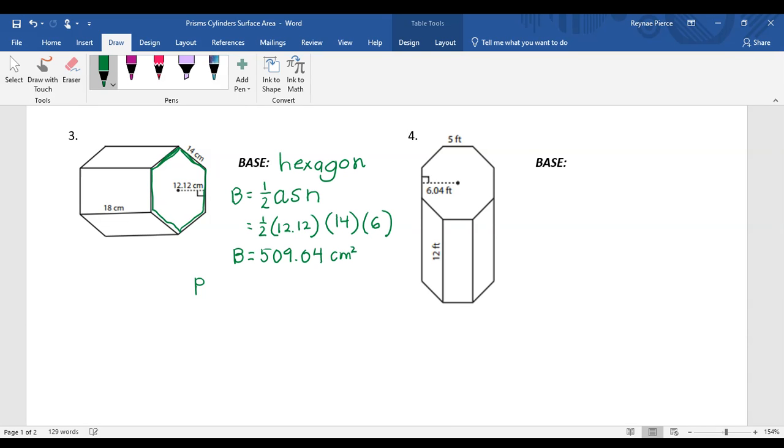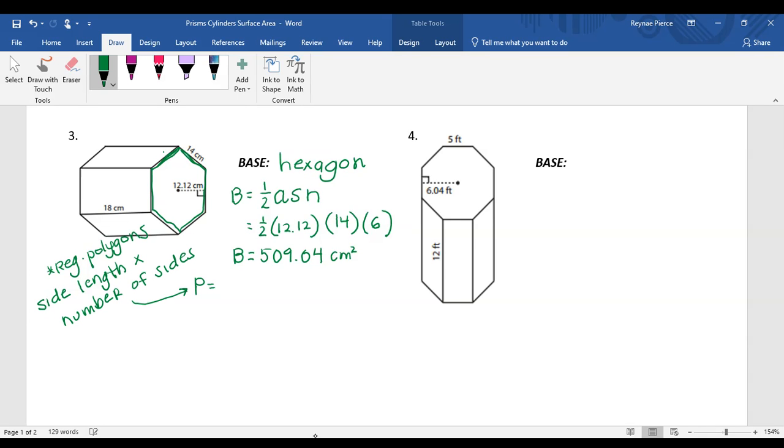Now, perimeter for regular polygons, we are going to take the side length times the number of sides to find that perimeter, okay?